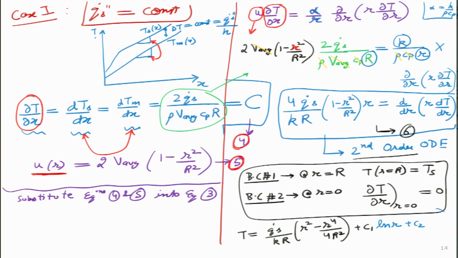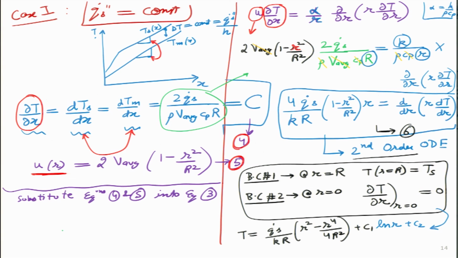So all we are doing by plugging in boundary conditions is getting values of C1 and C2. If we do that, what is the final answer that we get? That I will put on the next slide. But I hope everybody has understood what we are trying to do over here.